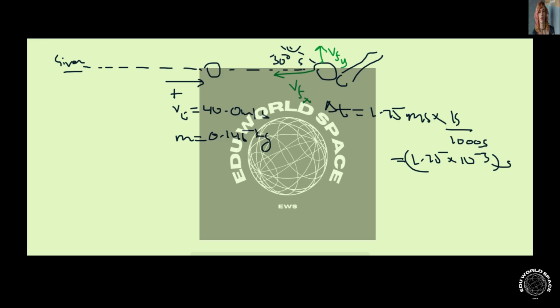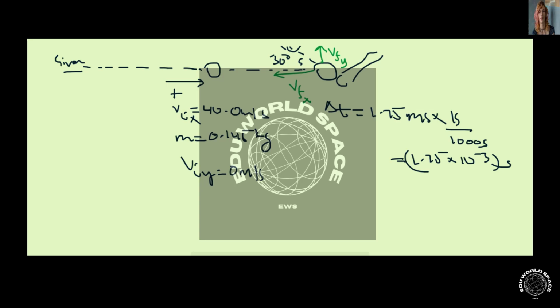This one is the initial velocity, it's in the x, so v initial in the x is 40, and then v initial in the y happens to be 0 because the ball is not going up or down. So that's the information we're given.